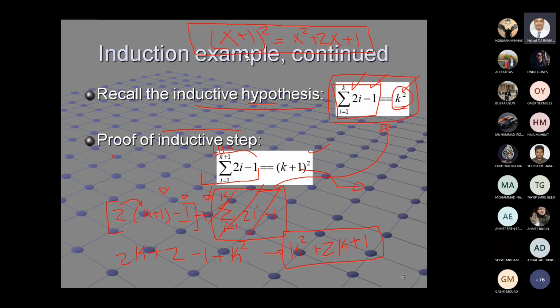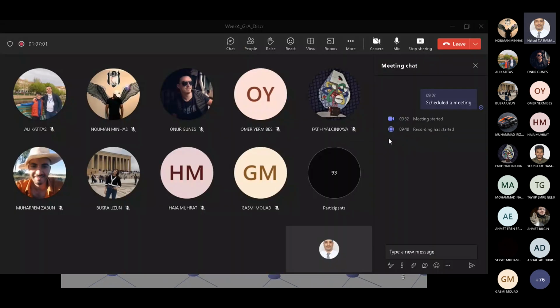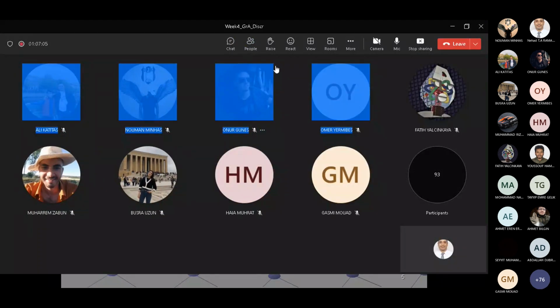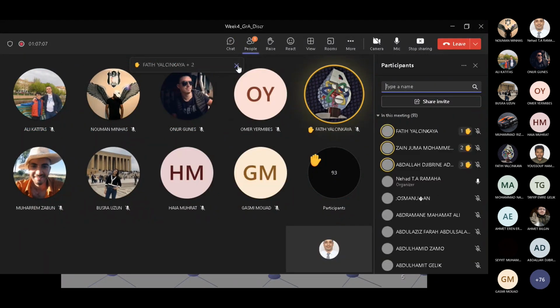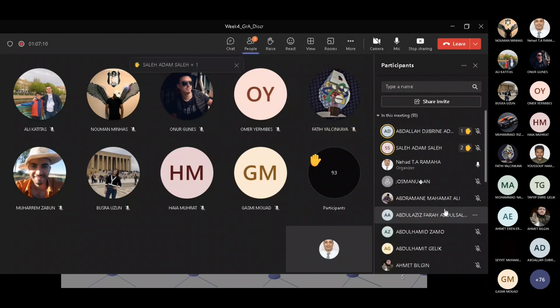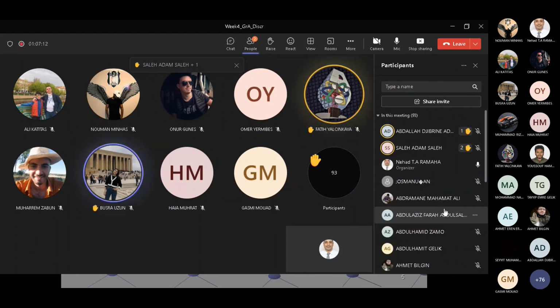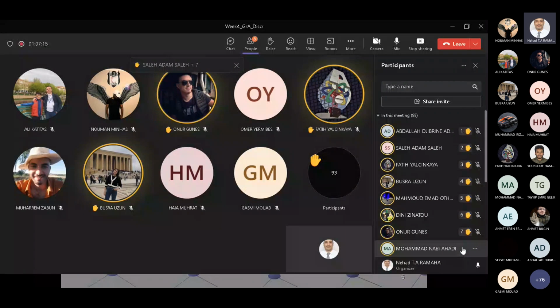Okay. How many know a perfect square? Raise your hand. I want to know your levels. Wow. Only few.